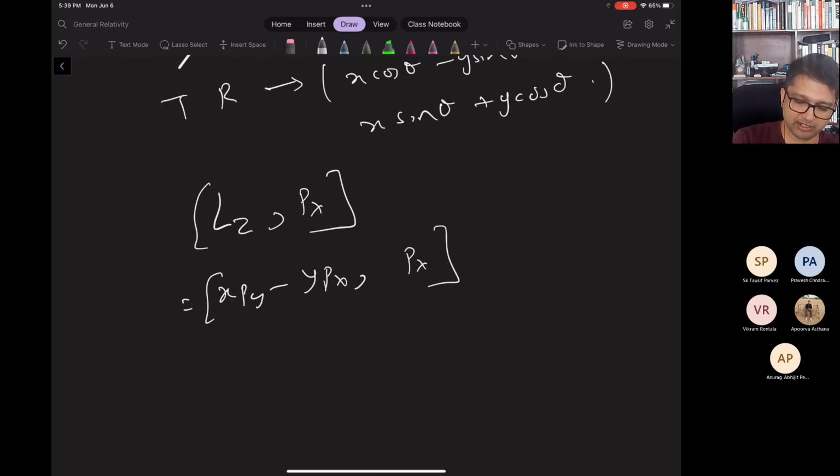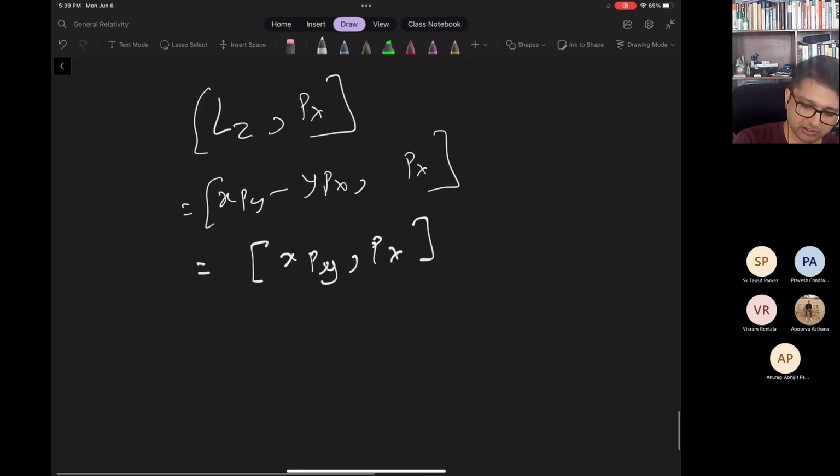p_x commutes with x. p_x commutes with y. p_x commutes with p_x. So this is just x p_y comma p_x. But since it commutes with p_y, I can just pull a p_y outside this commutator, and I would have x comma p_x p_y.